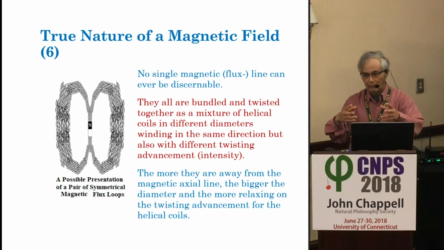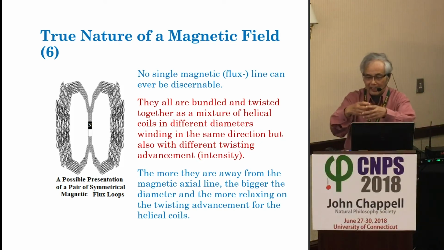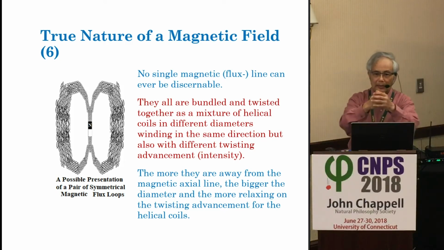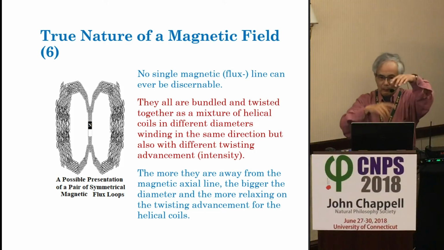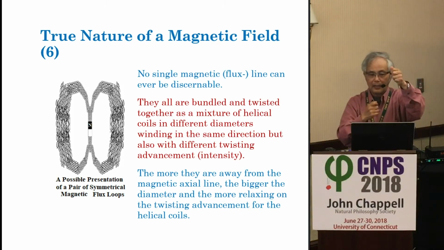If the diameter of the helix is smaller, it means stronger magnetic force. Or if there are more turns in the unit length of the axial line, it also means stronger magnetic force.